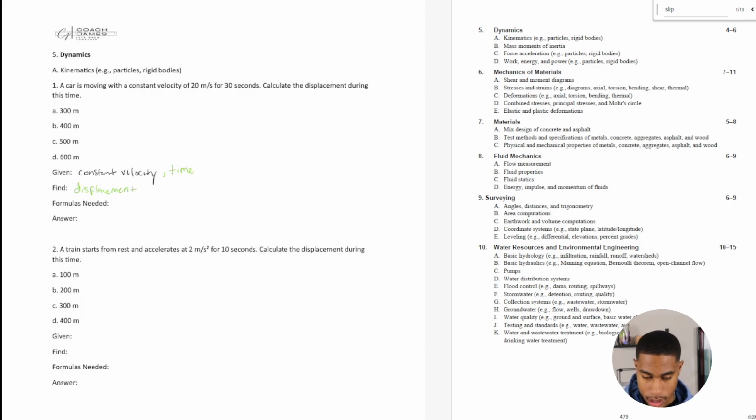Are there any formulas needed, or is the handbook needed? Well, just thinking about this rationally, if I have a car, I'll draw a little car for you guys. I hope you like the high wheels on this thing. It looks like a shoe with some wheels on it.